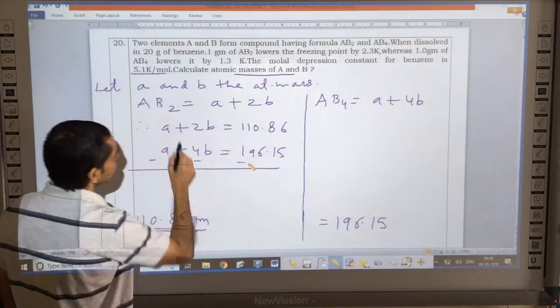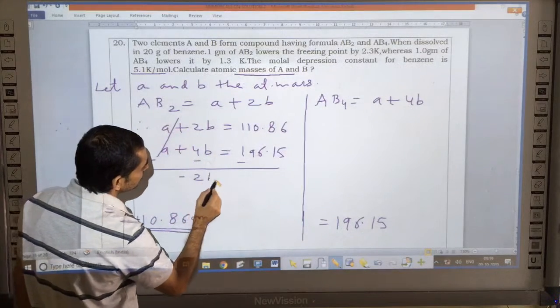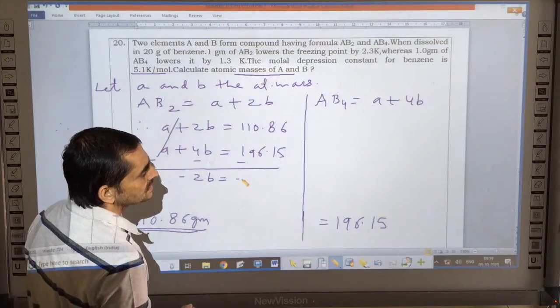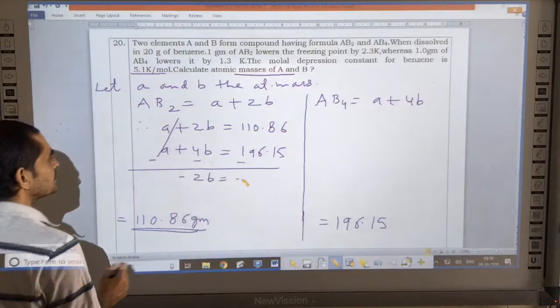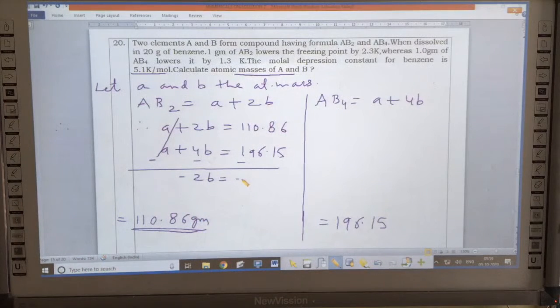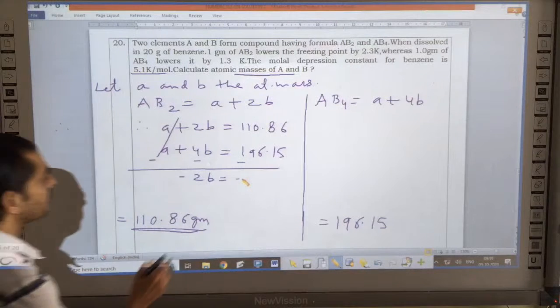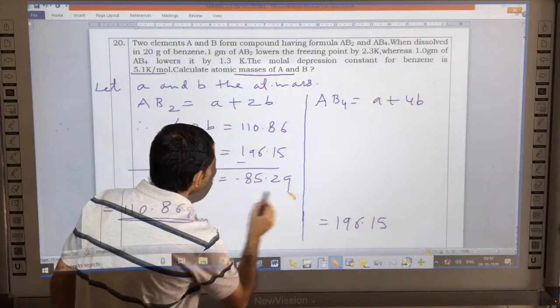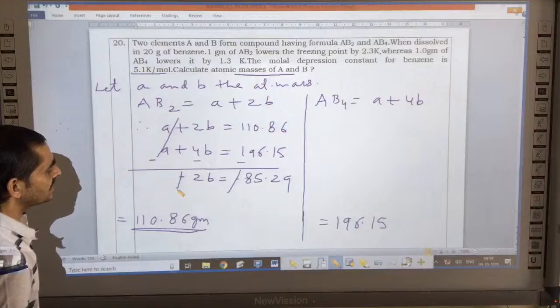Subtract them: A minus A cancels, and we get 2B is equal to 196.15 minus 110.86, 85.29. This is 85.29.